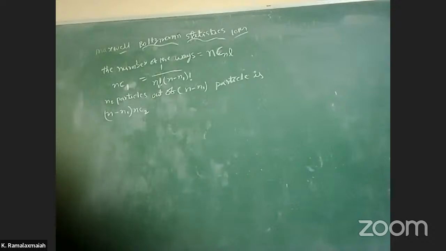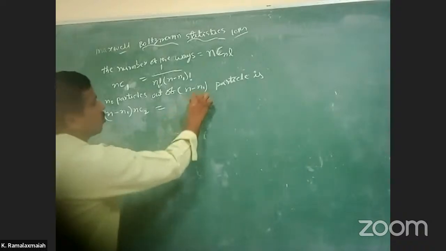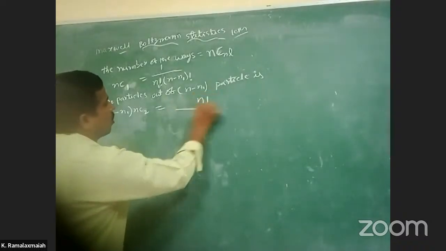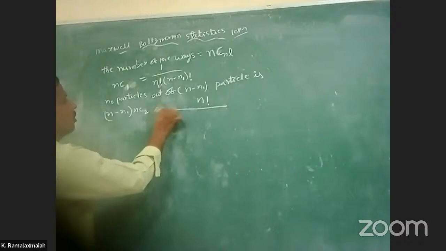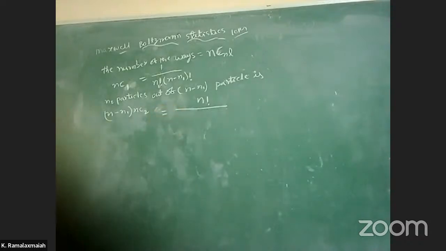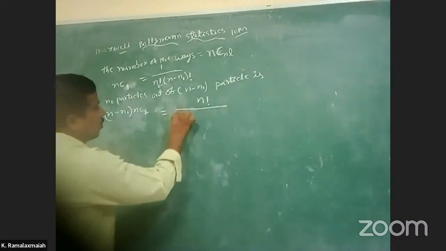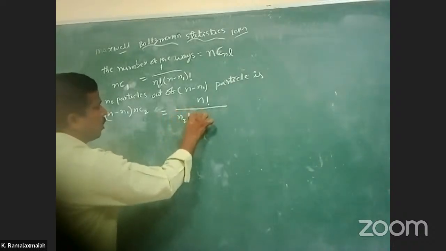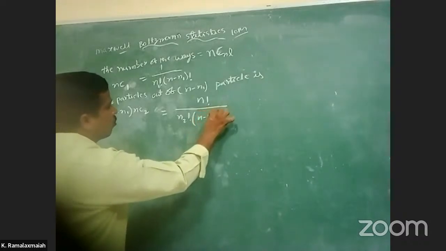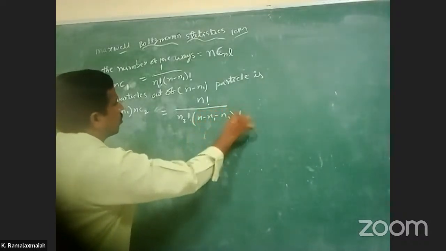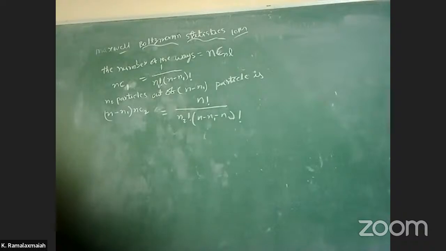It is equal to N factorial by N1 factorial into N2 factorial into N minus N1 minus N2 factorial.